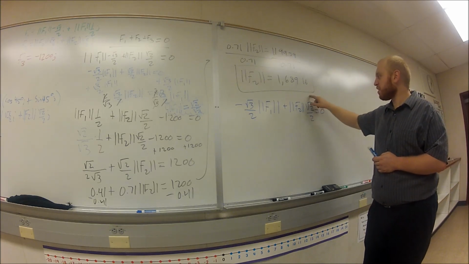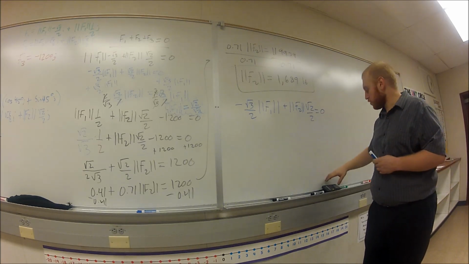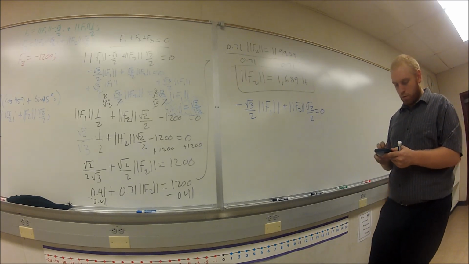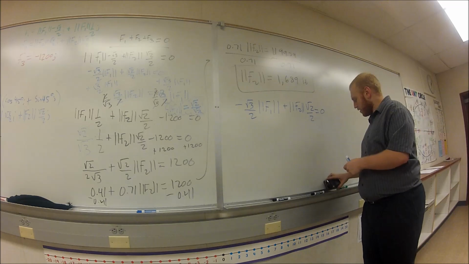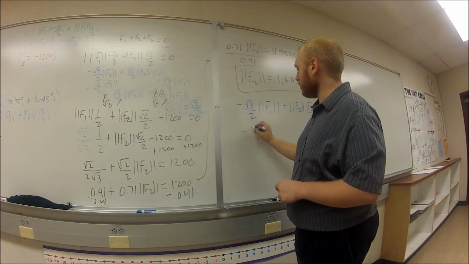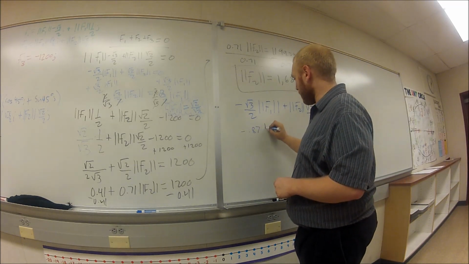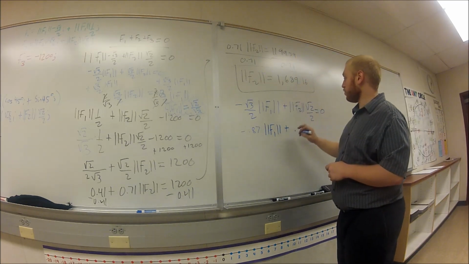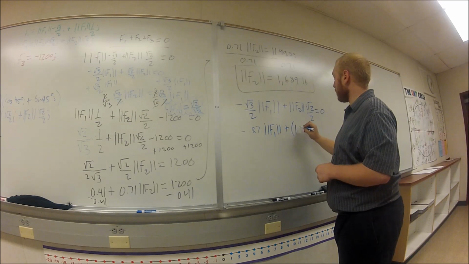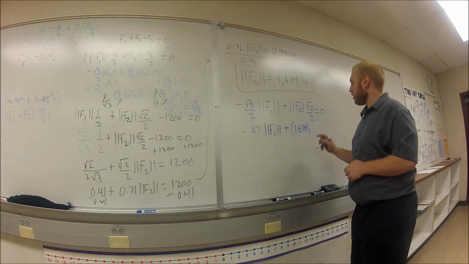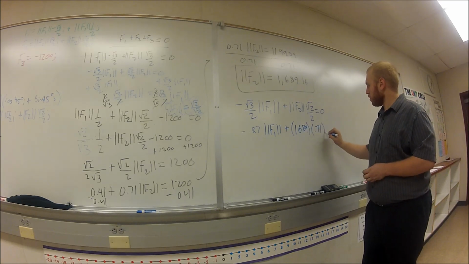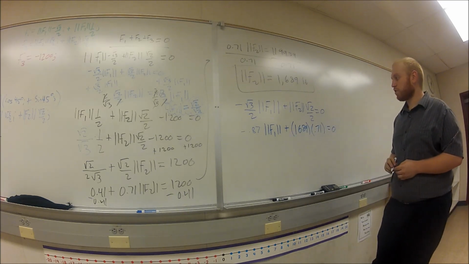Let's make this into decimals real quick, all in one fell swoop. Square root 3 over 2 is 0.87, so negative 0.87 times the magnitude of force 1, plus, well, we know force 2, the magnitude of it, is 1,689 times root 2 over 2, which is 0.71, equals 0. And start solving this.